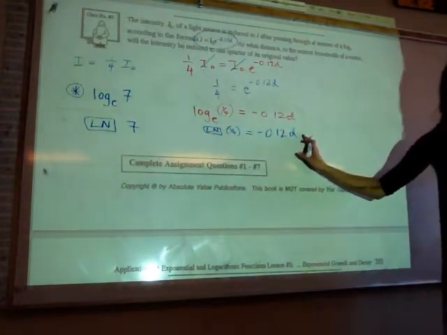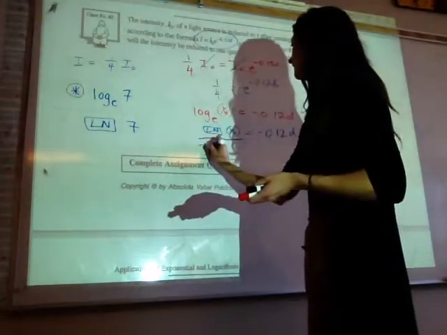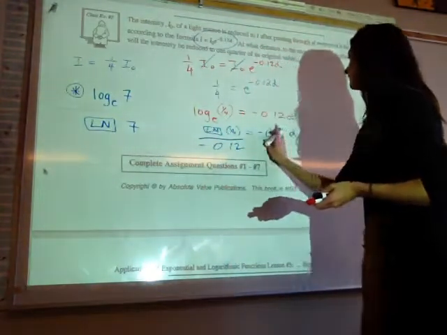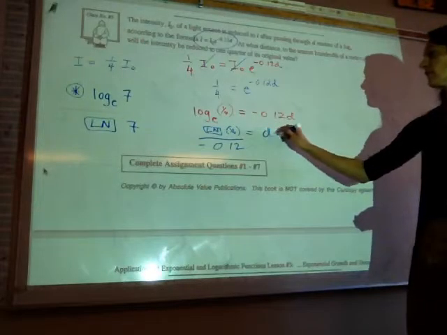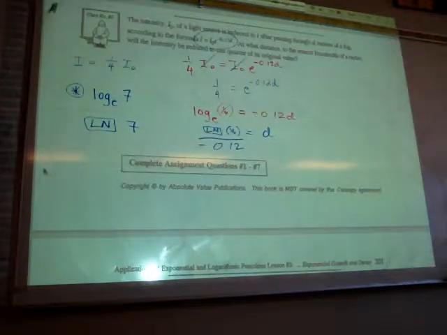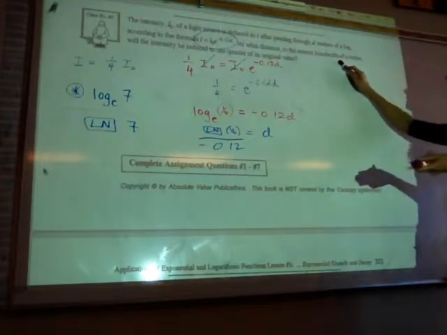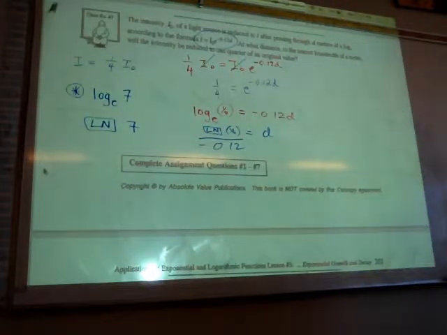To get d by itself, what do I divide by? Good, you divide by negative 0.12. And that's going to give us our d value. And they're telling us to round to the nearest hundredth. Okay? So at what distance to the nearest hundredth of a meter would we have?